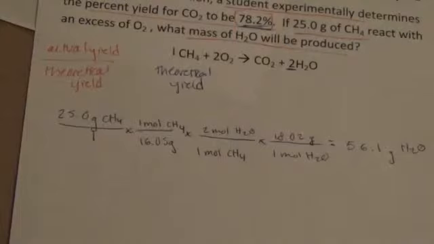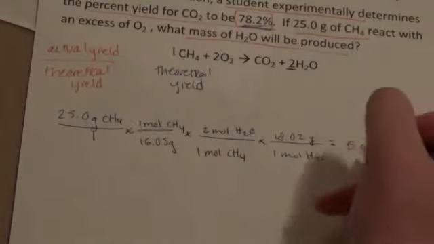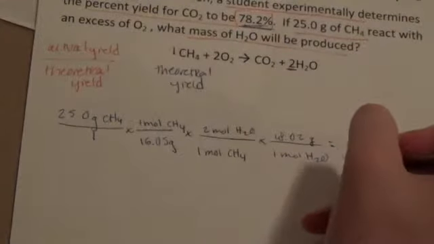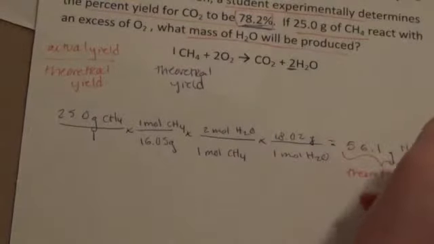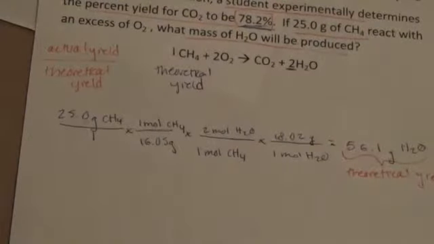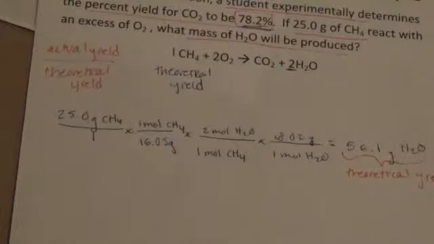And so again, this is going to be our theoretical yield, because we didn't go into the lab and get this from actually carrying out the reaction. We just did it here on paper, so it's our theoretical.